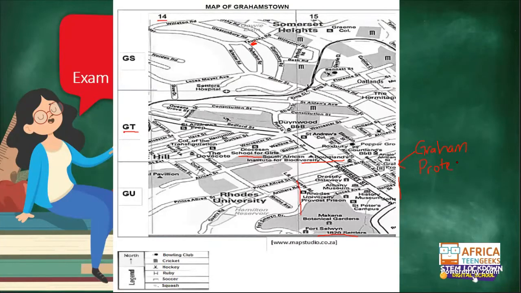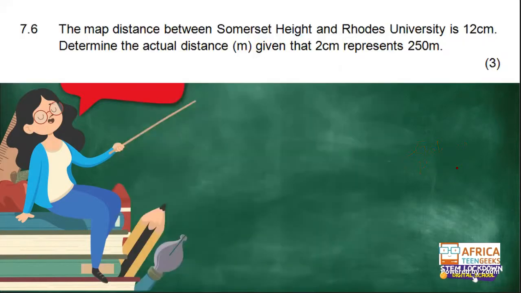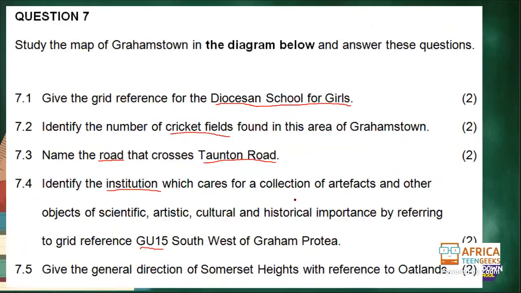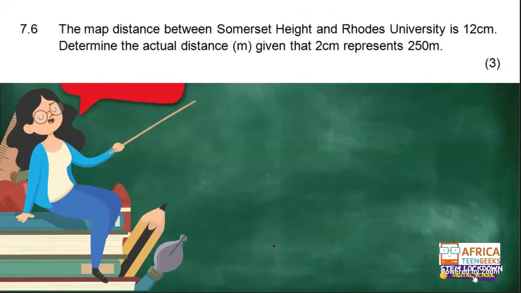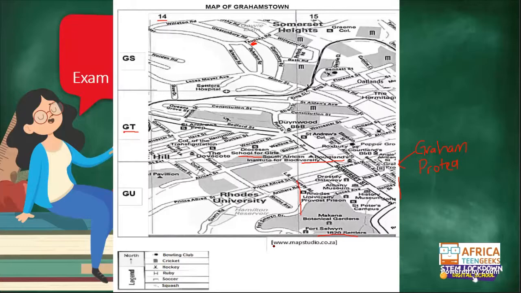Okay, so I need to know an institution which collects all of these things that I've mentioned, but it is southwest of Graham Protea. So what could that be? What institution is southwest of Graham Protea and collects all of those things I mentioned?